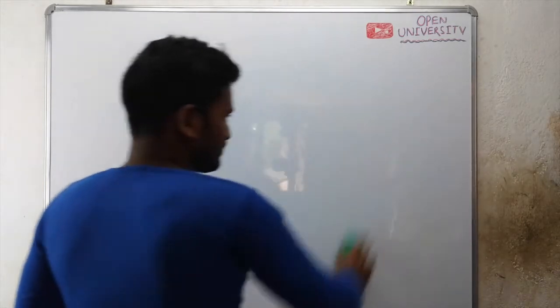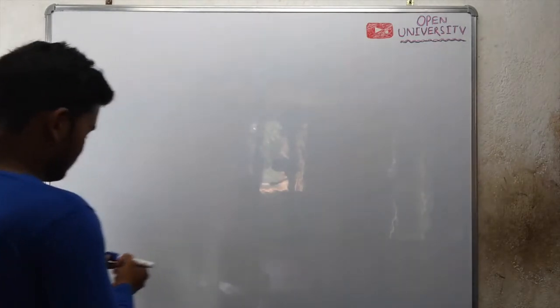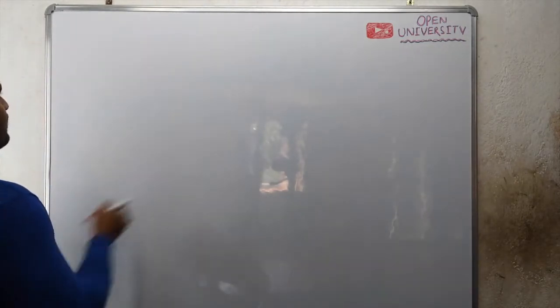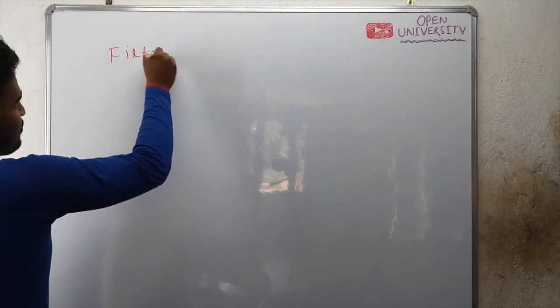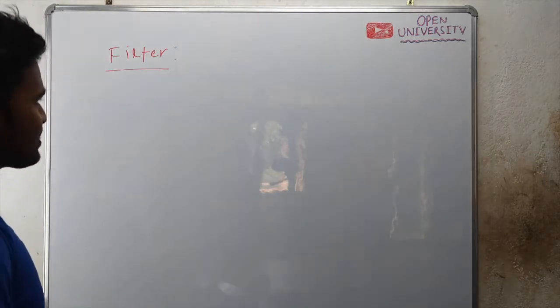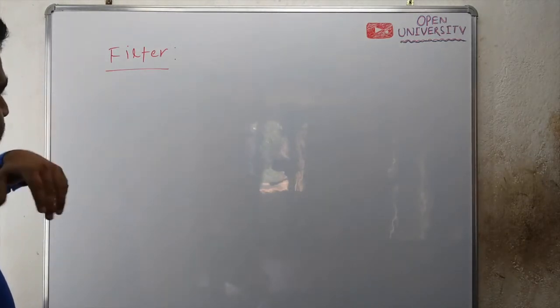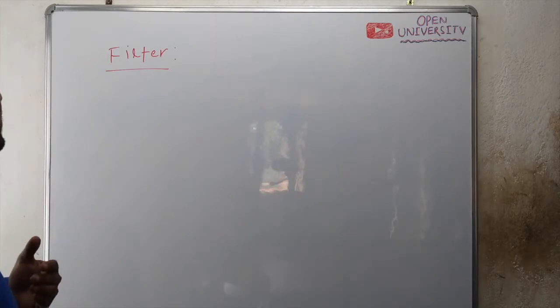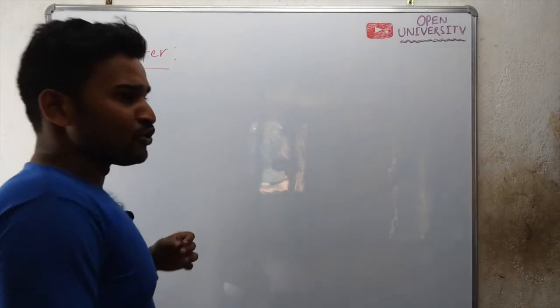Okay, this is what we know about a filter. The next block in the regulated power supply is filter. So what is a filter? Basically, it is a frequency selective network which passes some desired range of frequency and rejects some unwanted frequencies. This is what we know.